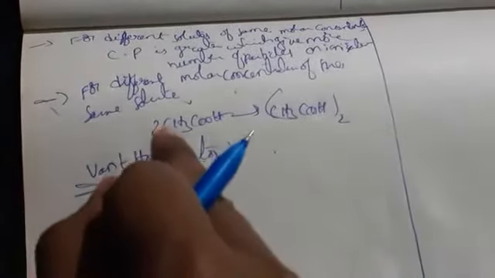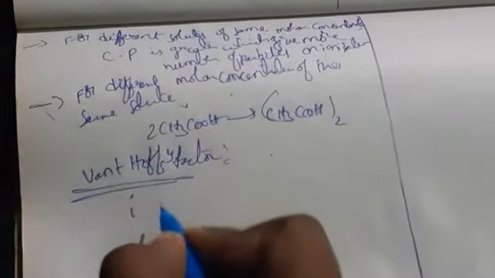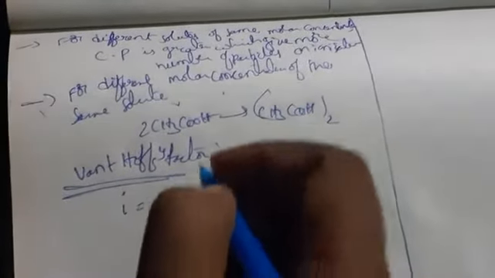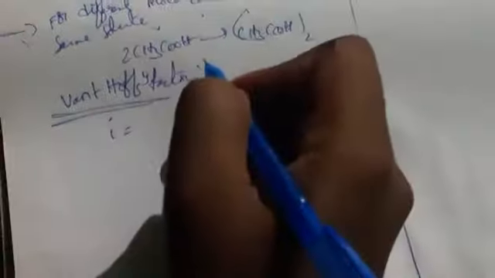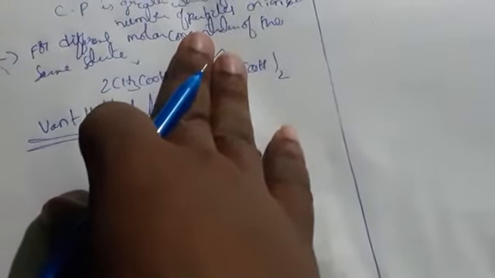The Van 't Hoff factor is nothing but the ratio of the molar mass of the solution to the molar mass of the same concentration of solution. Means we can say here we are having abnormal molar mass also.